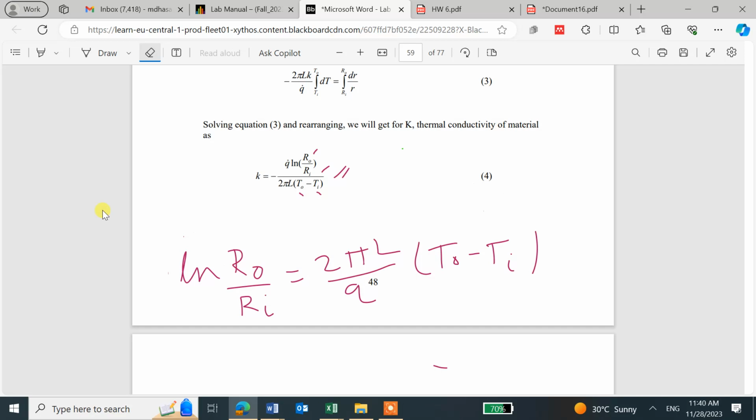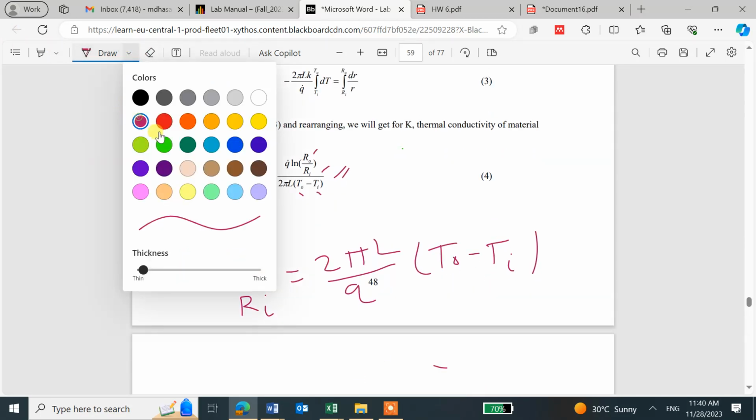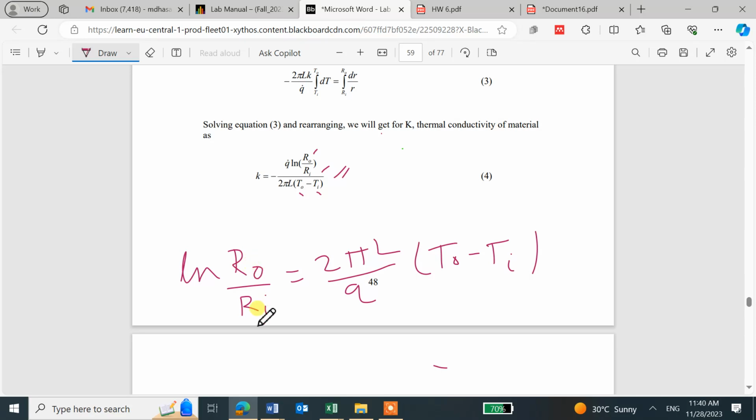So now if we plot ln ro over ri, or ln r, versus t, we need to understand this.